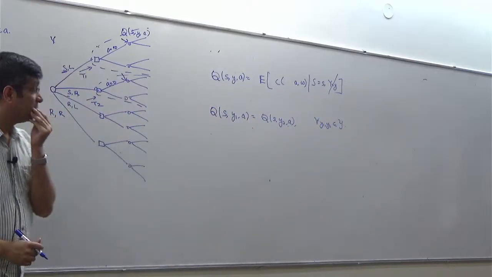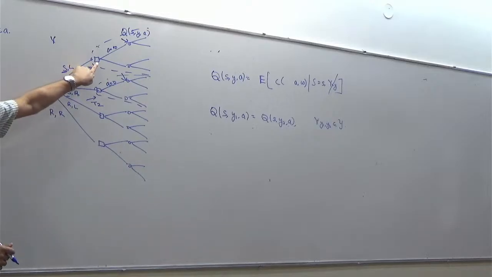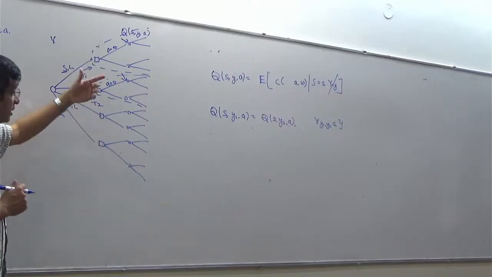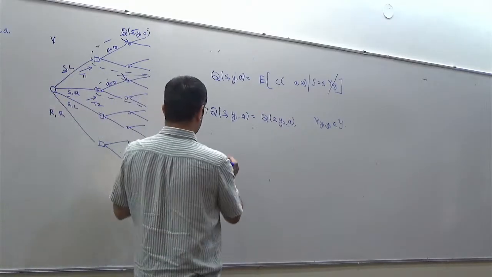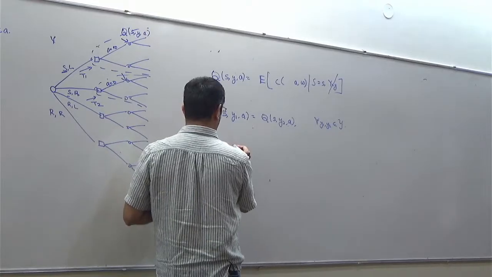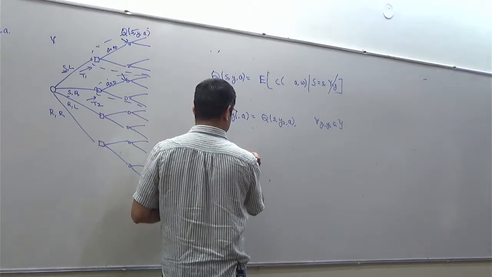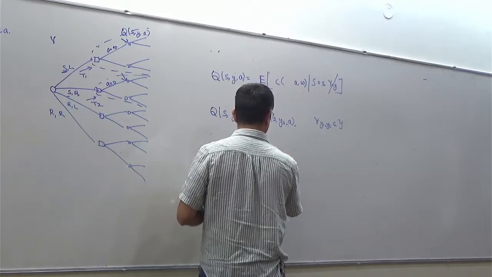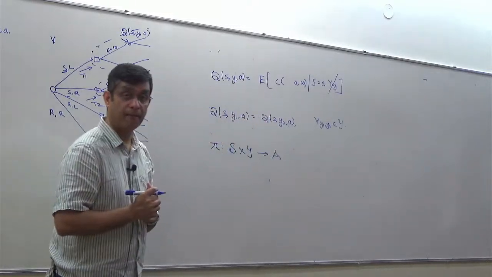Okay? Therefore, when I get to this node and this node, my decision is going to be the same. Okay? So rather than choosing a policy, so I was saying, look, my policy should have been a function from whether it is sunny or rainy to whether I woke up from left and right to how much should I buy.